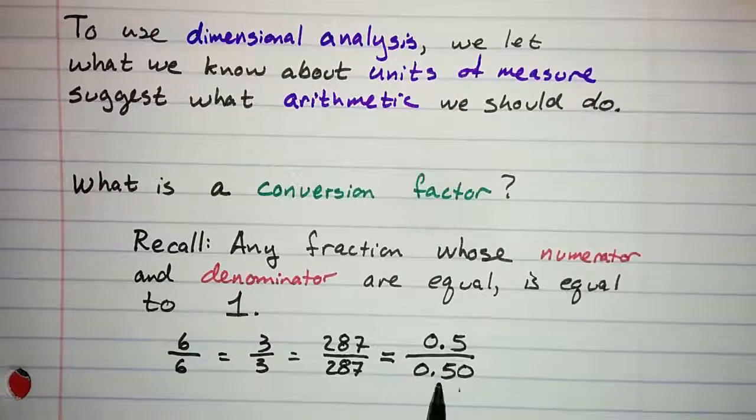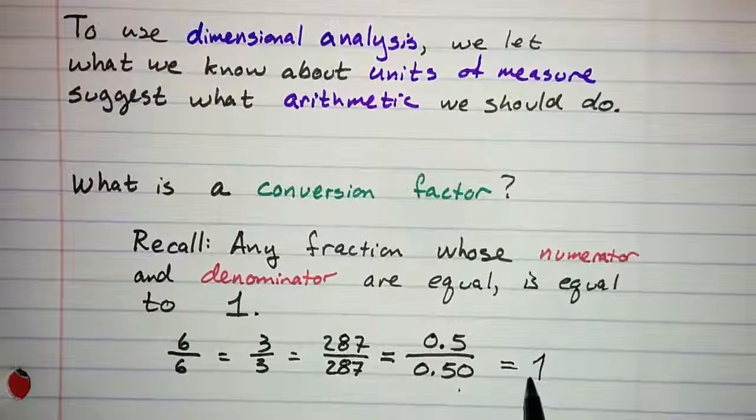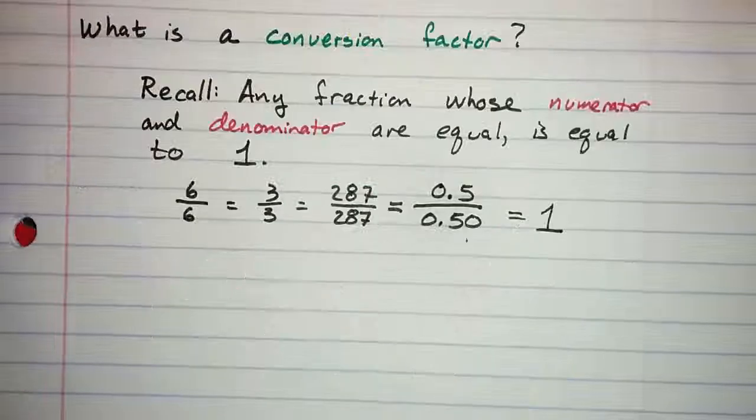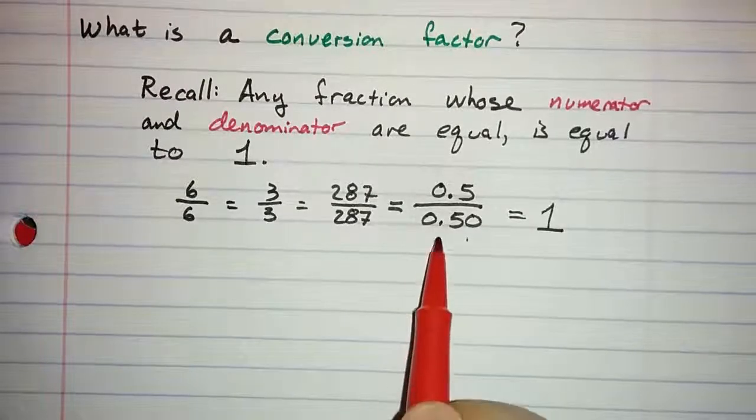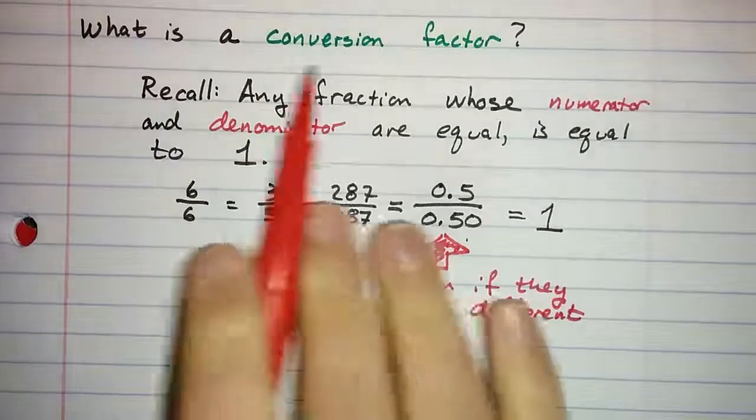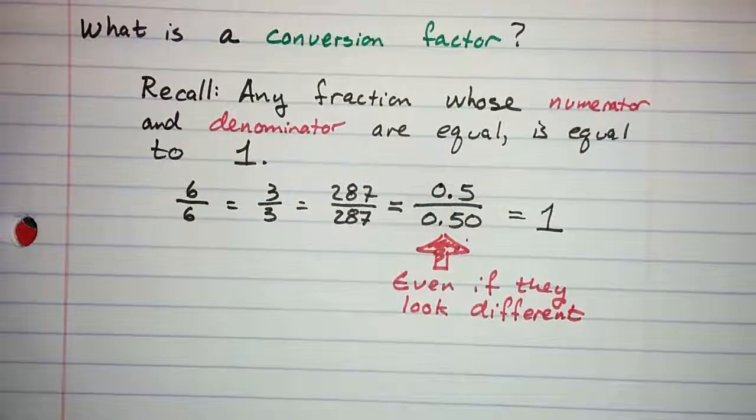These two decimals are equal to each other, so this fraction still equals just 1. And this insight about even if they look different, this is the key to setting up these conversion factors.